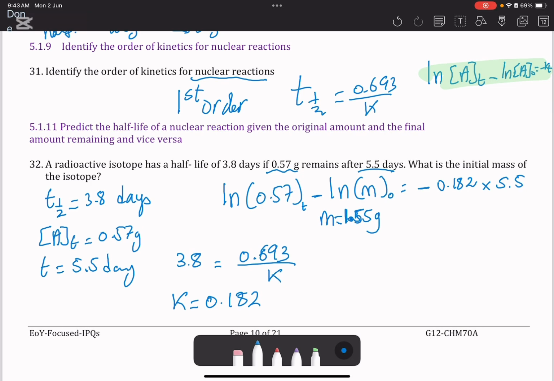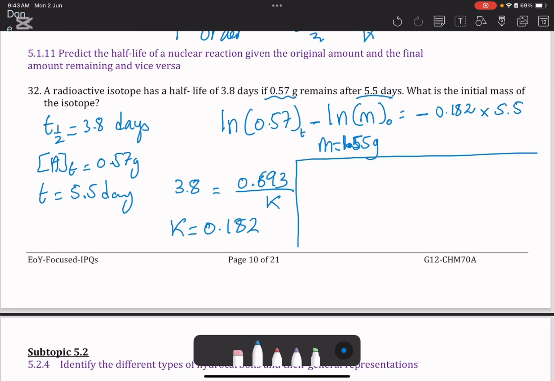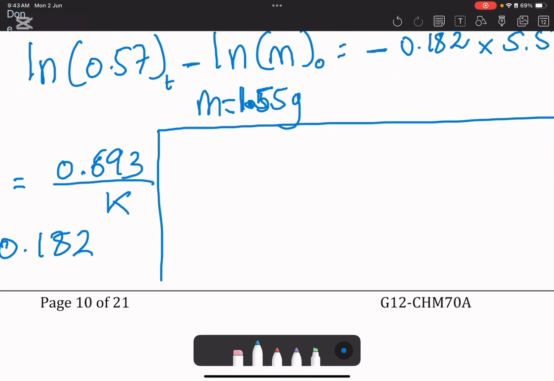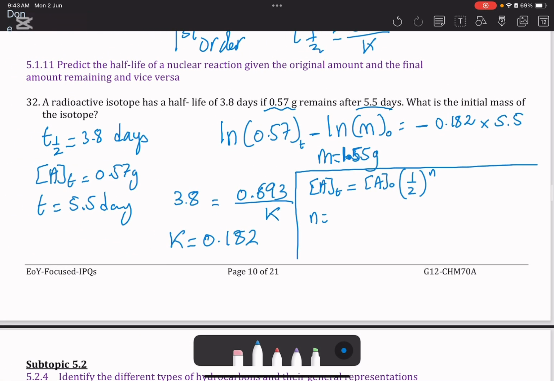However, I have an easier formula for you to use, which is the remaining amount equals the initial amount multiplied by half raised to the power n. N is how many half-lives we have. So here, n is going to be the time, which is 5.5 days, over the half-life, which is 3.8.